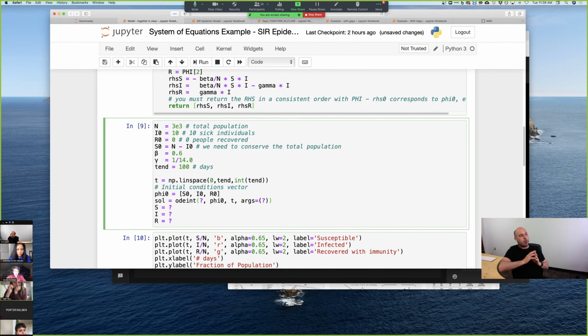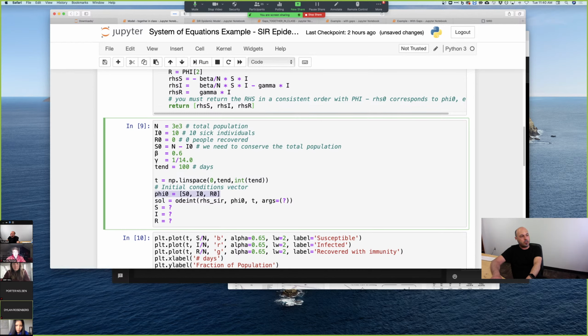Okay, now it's time to call ODE int. All right, so what are we going to put here? The first argument is always the vector of right-hand sides, or the function, the routine that does the right-hand side. What is that routine? RHS, sir. Good.